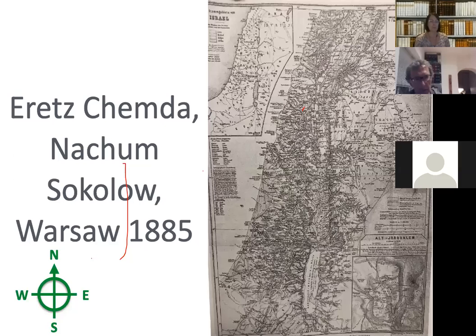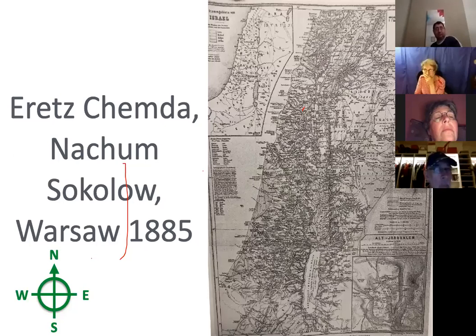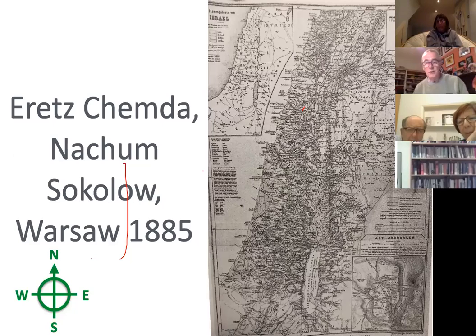But only a few years later, you're also getting this one, which is Eretz Chemda by Nachum Sokolov, published in Warsaw in 1885. And you know, this looks like a conventional map, a lot of detail. We'd have to zoom in for you to see all of it.